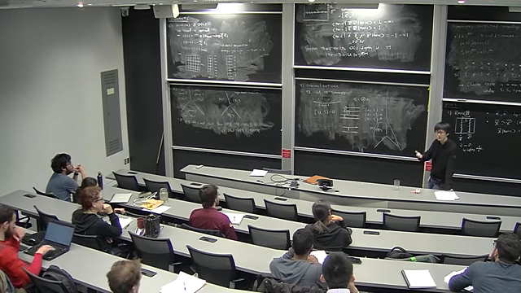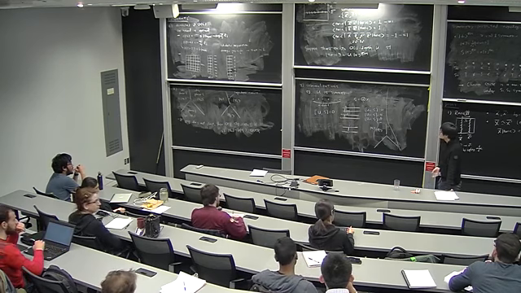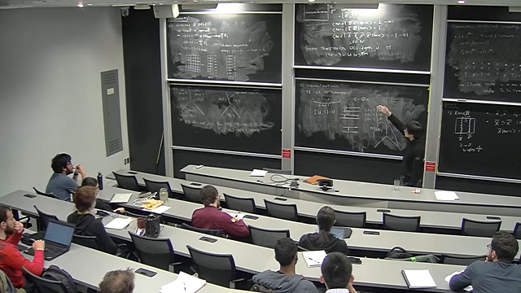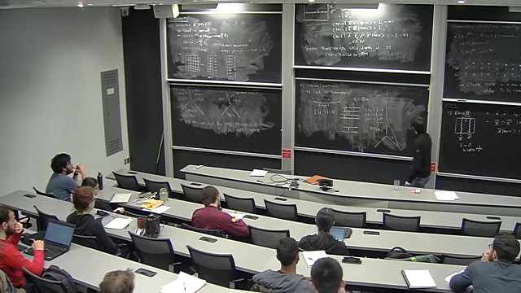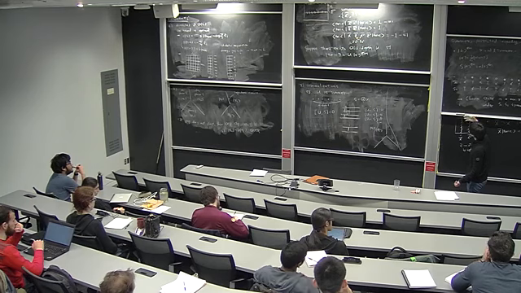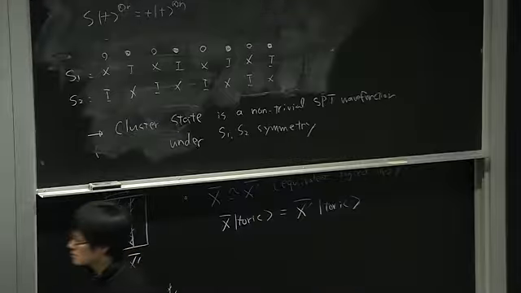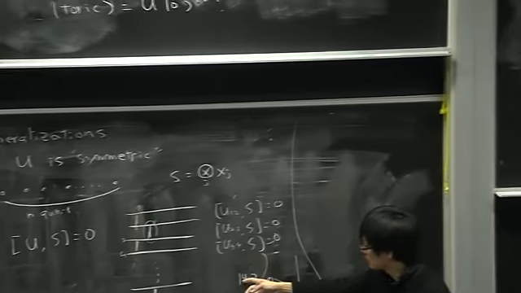The way we create the cluster state, of course, is a short-range entangled state. So in the sense of circuit complexity we have been discussing, they must be in the same phase of matter. But now if I say that the gates I can implement must commute with these two operators, then suddenly there is no way of moving from one state to the other.